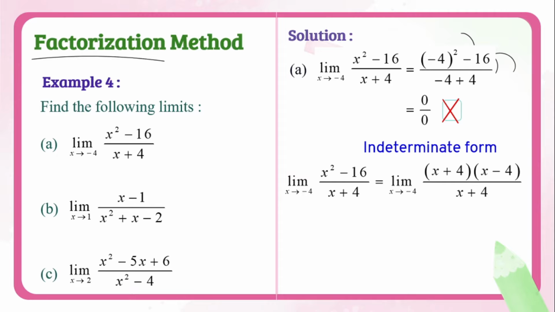Then, we can cancel x plus 4 on the top and bottom of the fraction, leaving the limit of x minus 4 as x approaches negative 4. So now, we can substitute negative 4 into x minus 4 and finally get the value of the limit, which is negative 8.